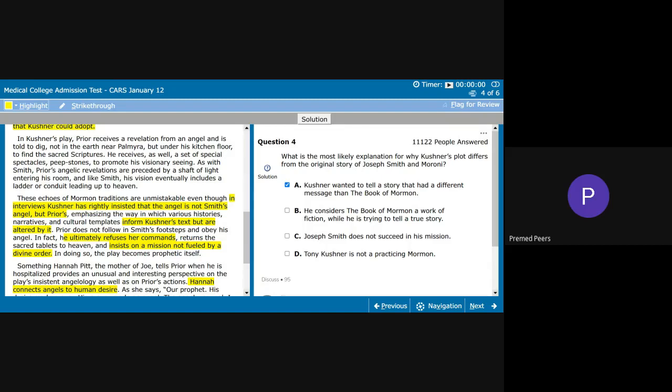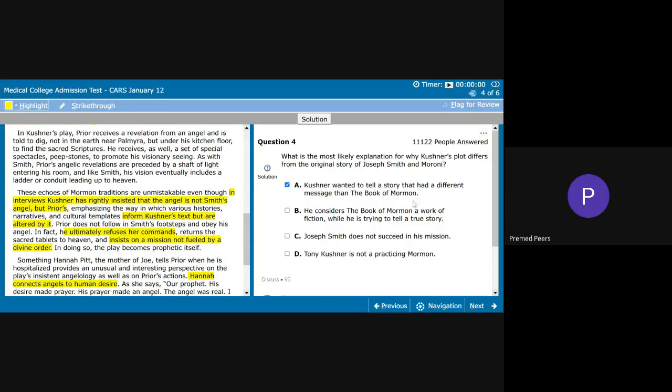And again, he emphasizes the way that his texts are informed but not altered by it. And so you understand, like, he ultimately refuses the commands of the angel, all this sort of stuff that makes you think that, okay, Kushner was influenced, but not the same message. So yeah, that's why this answer choice would be the best one here.